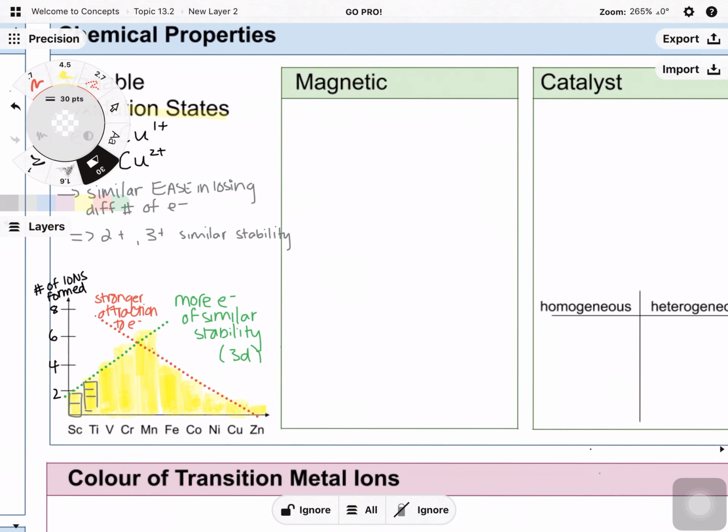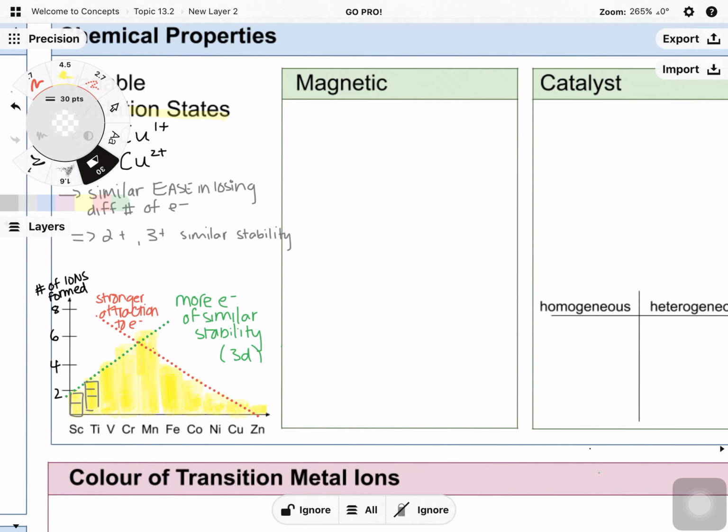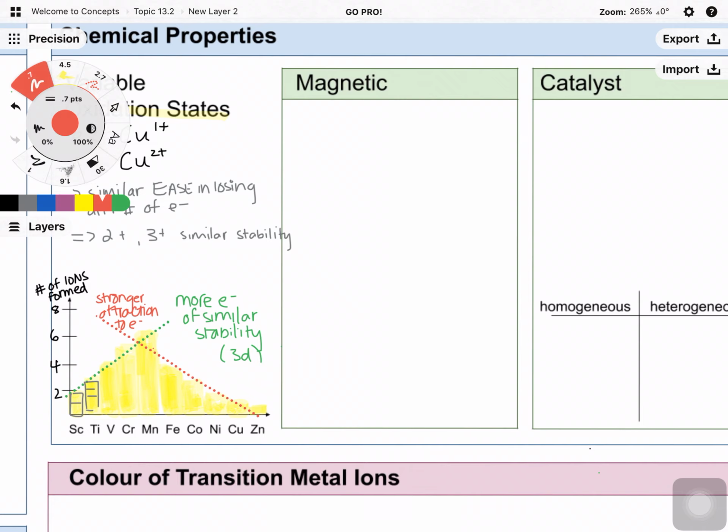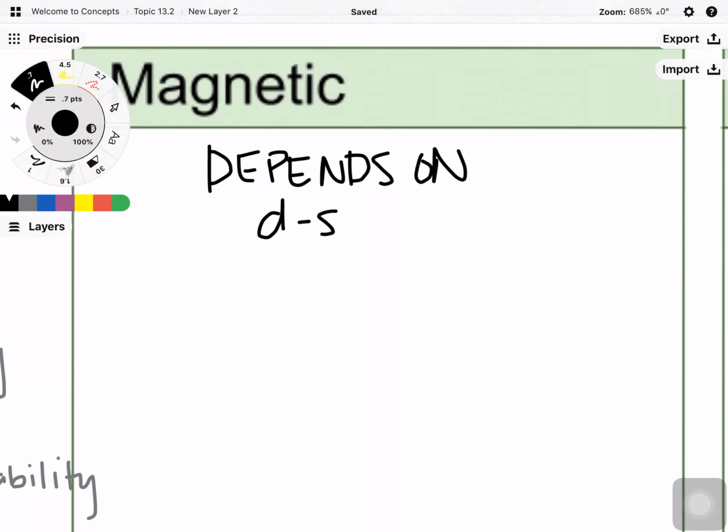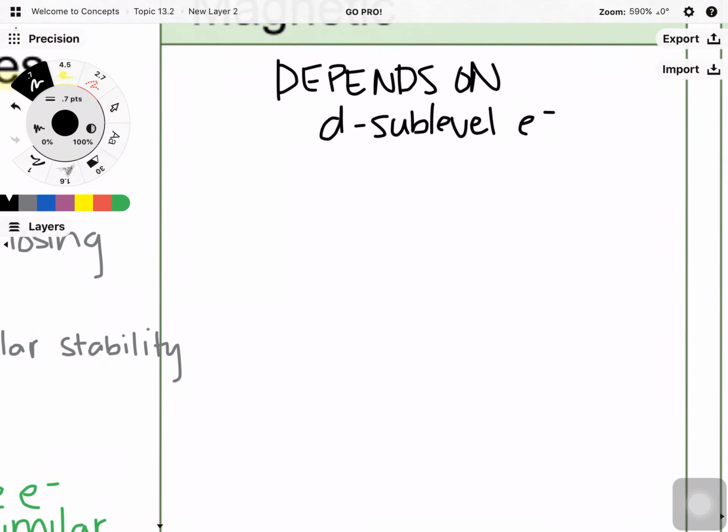Now, another chemical property of transition metals is that some of them tend to be magnetic, and the magnetism depends on the electrons in the d sublevel. It depends on how they're arranged. These electrons can basically be arranged two ways.